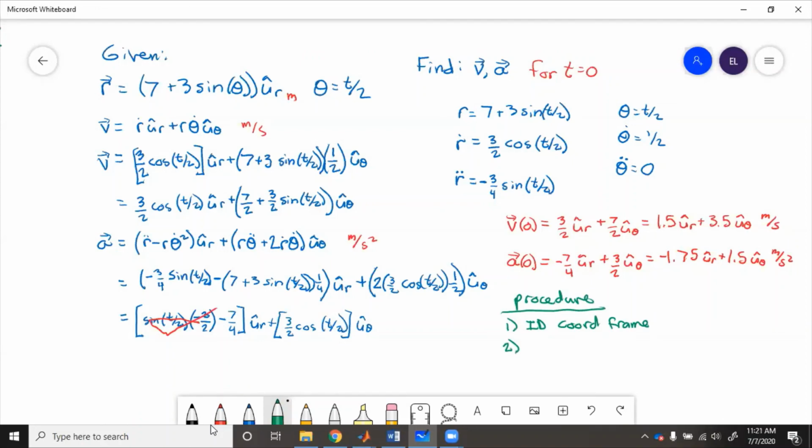Second is take derivatives. Three is plug in. So 3 steps: identify the coordinate frame, take derivatives, plug stuff in.